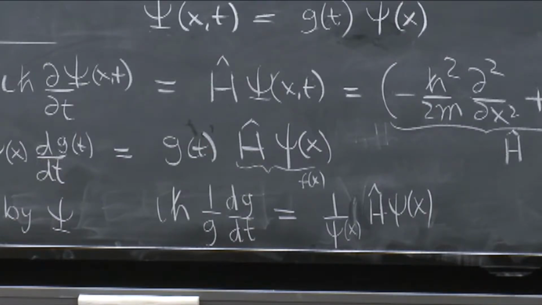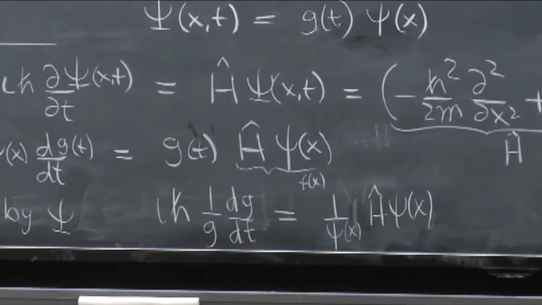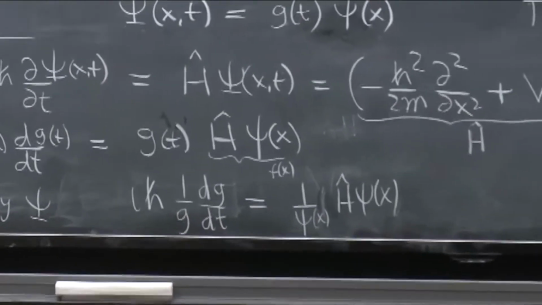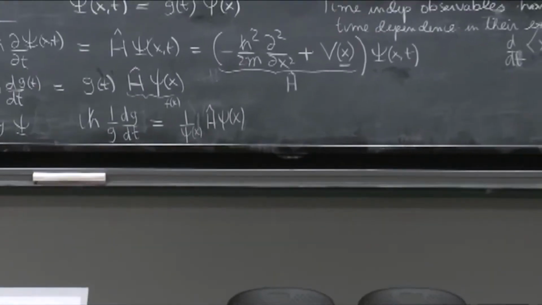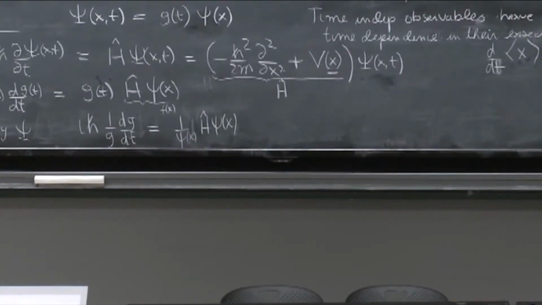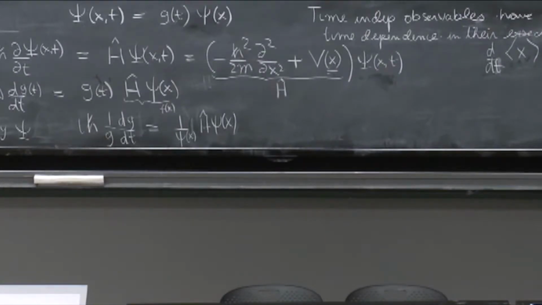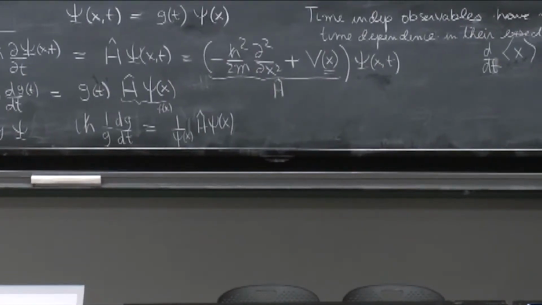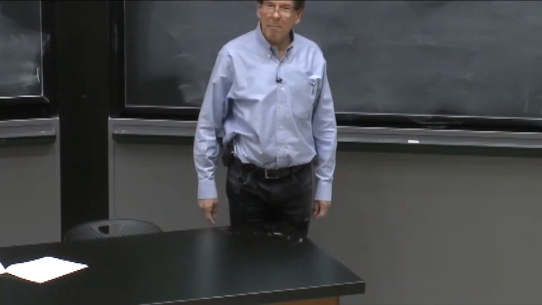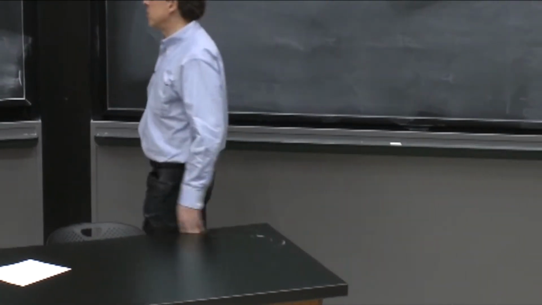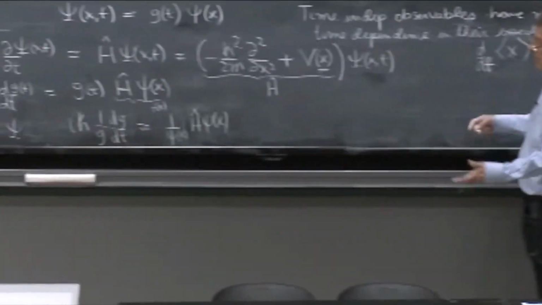And now you look at this equation, and this equation is saying something very strange. The left-hand side is a function of time only. The right-hand side is a function of space only. How can a function of time be equal to a function of space? The only way it can be is if both are not a function of what they were supposed to be. They're just numbers. Any function of time cannot be equal to a function of x in generality.